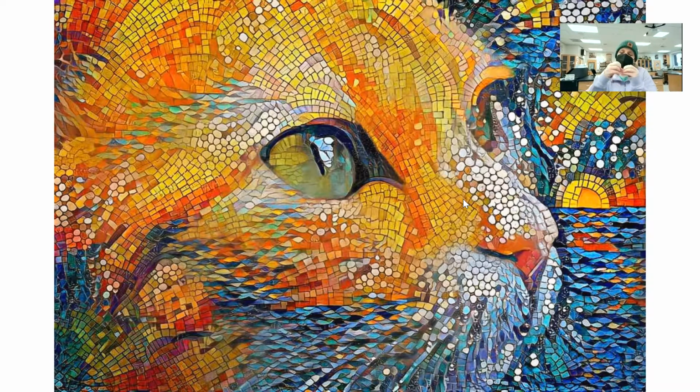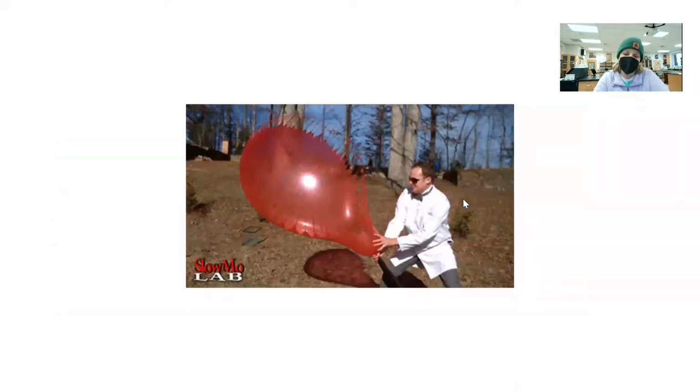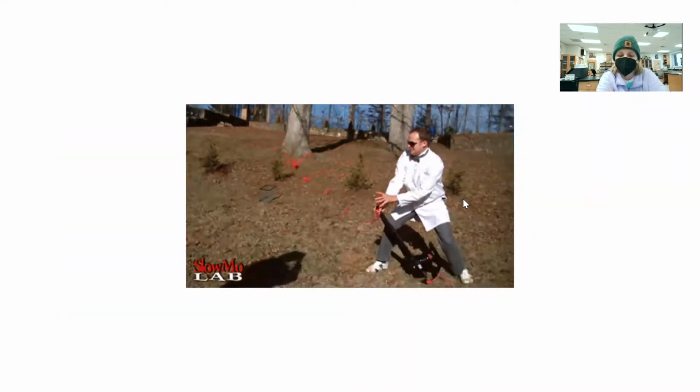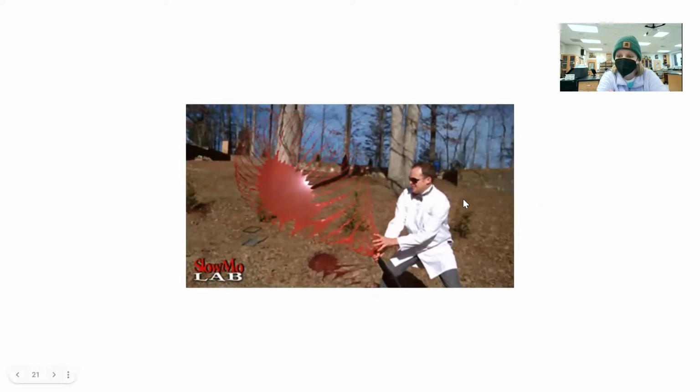Remember, we talked about how blood cells need to be able to swoosh down in order to get through our capillaries. We need to have fluidity to keep substances moving in and out of the cell. Because if our cells are too rigid, they're going to do this.